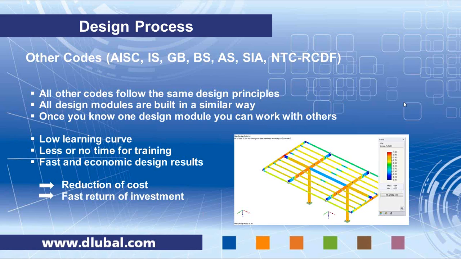That results in a very low learning curve. You need less or no time for training, and you still can get a fast economic design. At the end, if you are new and you're thinking of buying the software, it will reduce your cost and it will result in a fast return on your investment.